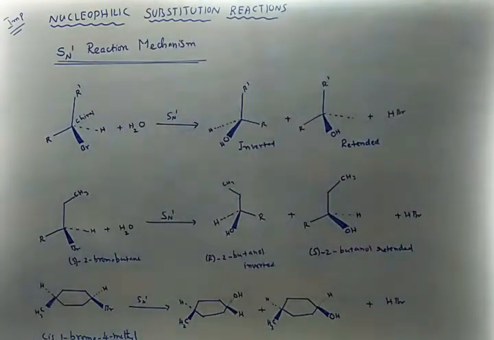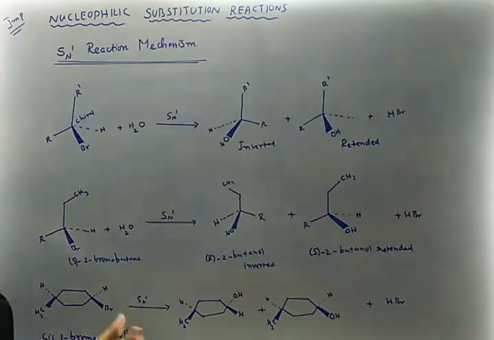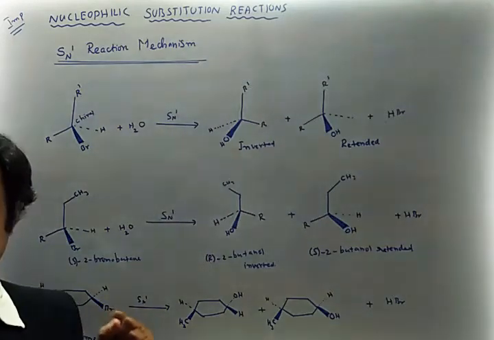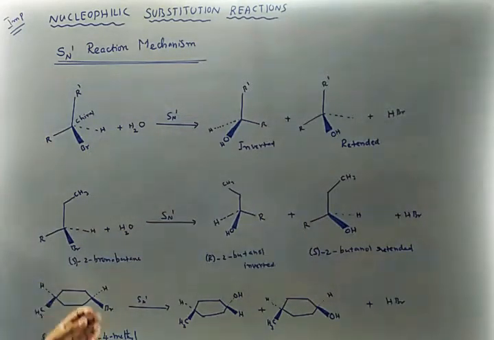So when cis 1-bromo-4-methylcyclohexane undergoes this Sn1 mechanism, there is an easier way of visualizing it with this cyclic compound obtained.